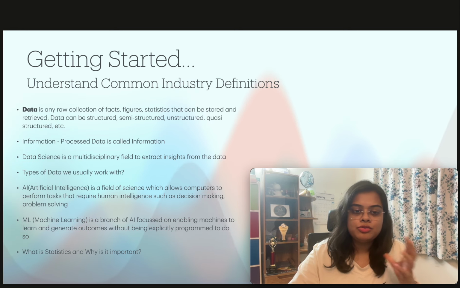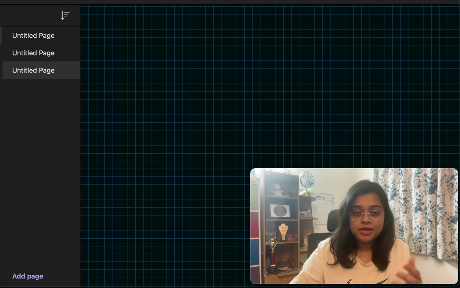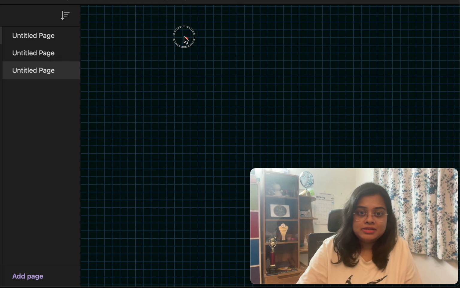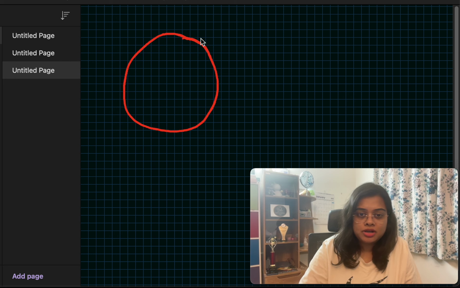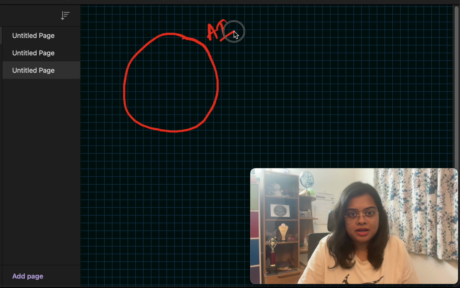Now, before I move to the applications of AI, I want you to understand the landscape and how AI, ML, deep learning, and generative AI are subsets or supersets of each other. So, if we consider AI, it is the broader area or the field in which a computer is able to do things which human beings are good at doing. So, this is AI.